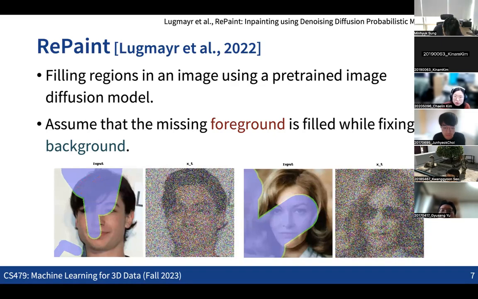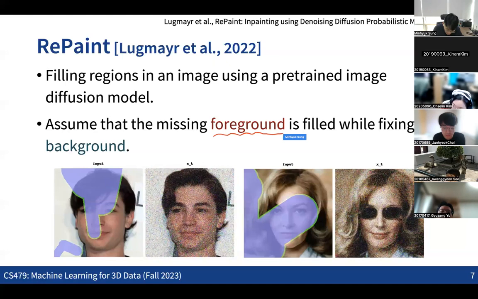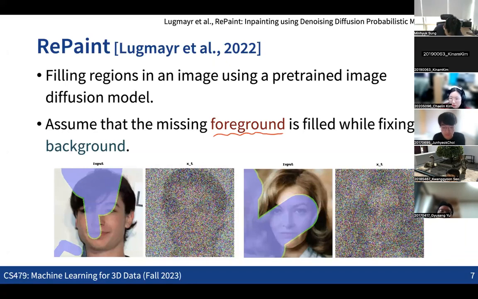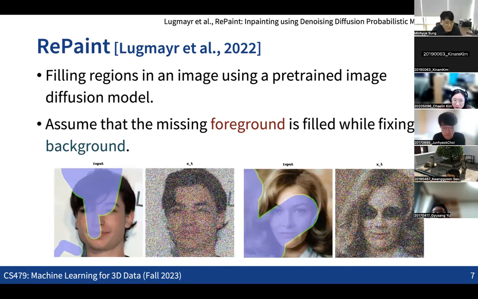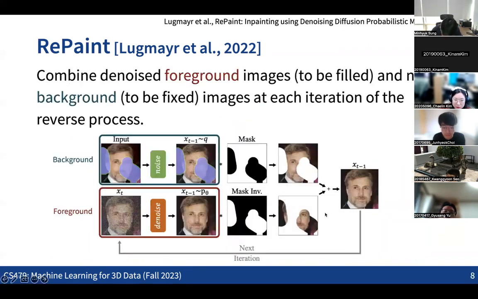So we're assuming that the foreground region is the missing region that we are going to fill in, while keeping the background region. For that, there are a bunch of ideas, but a very practical idea here is that we are interweaving the forward and the reverse processes.